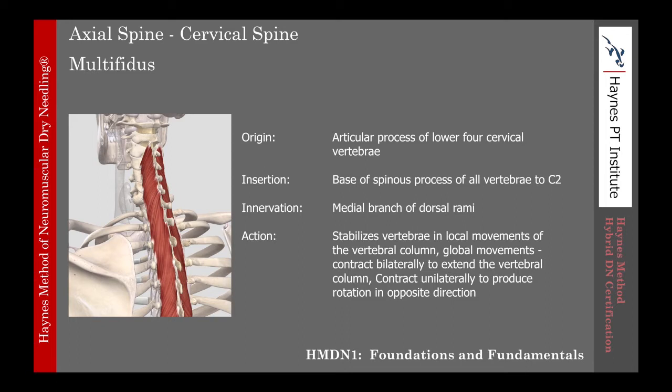As far as the innervation on the medial branch of the dorsal rami, my anesthesiology, pain management physicians are very fond of performing either a medial branch block or a radio frequency ablation. Well, when they do that, it is the medial branch of the dorsal rami that they are targeting. And while they may at times provide some pain relief there, they're doing it at the expense of innervation of the multifidus.